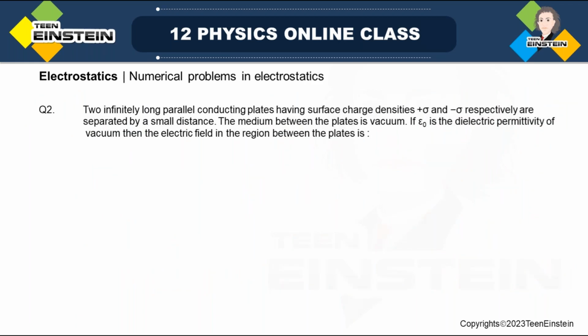Now we'll go to the next question. This is also a very interesting question. It says, two infinitely long parallel conducting plates having surface charge densities plus sigma and minus sigma respectively are separated by a small distance.